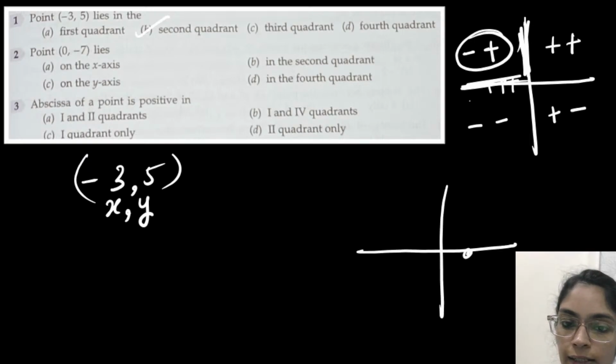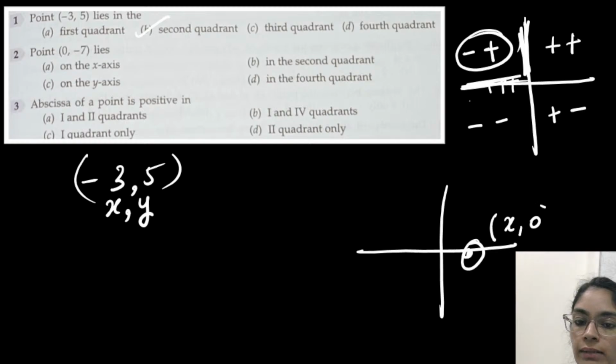If any point lies on the x-axis, for that particular point the value of y is 0. If any point lies on the y-axis, the value of x is 0 on that point. So here y's value is negative 7 and x is 0.